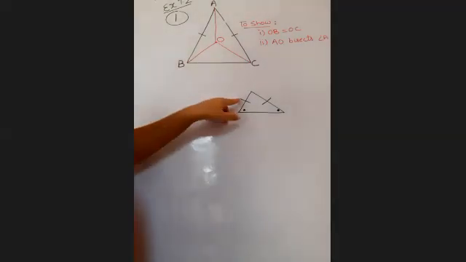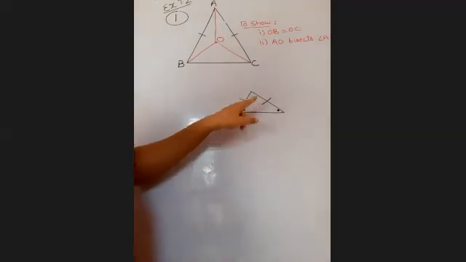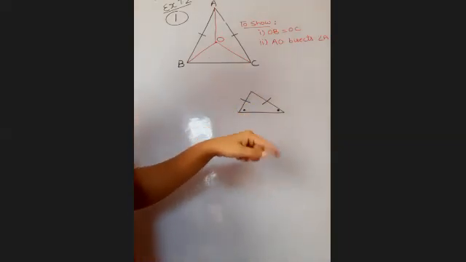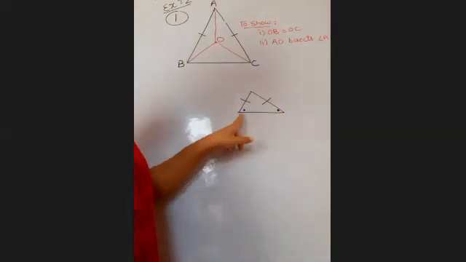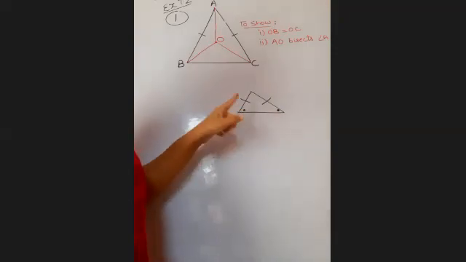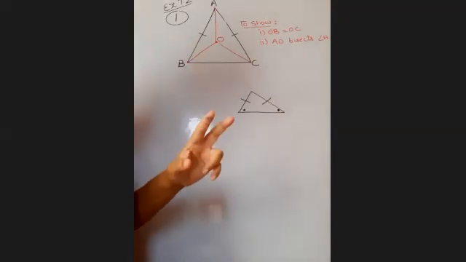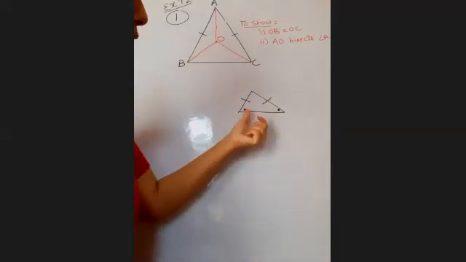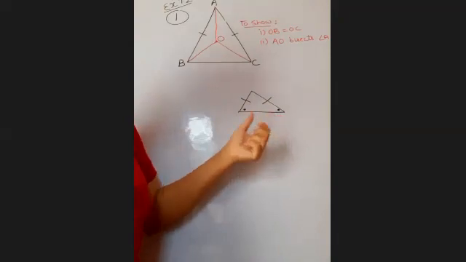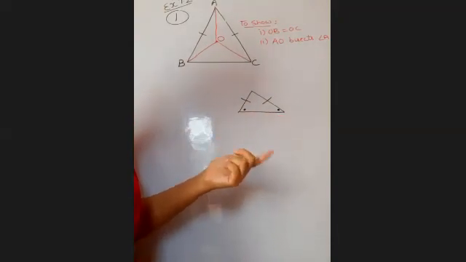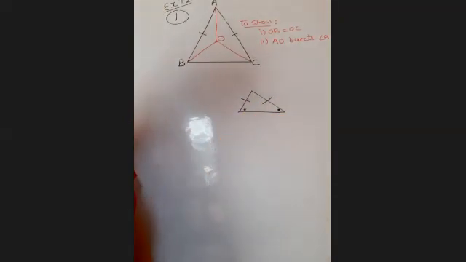So instead of proving that sides are equal, change your target to show that these two angles are equal. In any triangle, if you have to show two sides equal, your target should be to show that the angles opposite to them are equal, and then you apply the property that sides opposite to equal angles are equal.